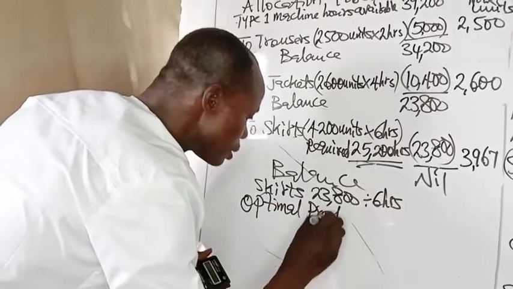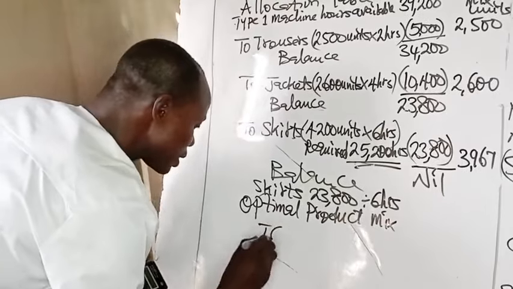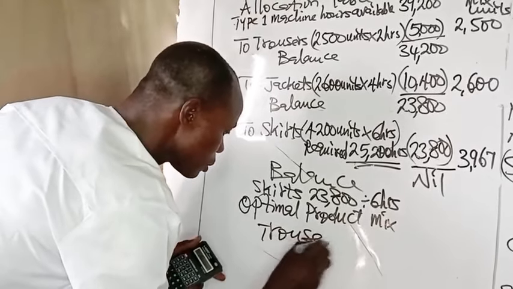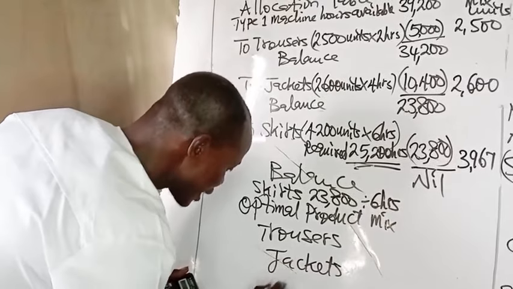So the optimal product mix: you have trousers, jackets, and skirts.